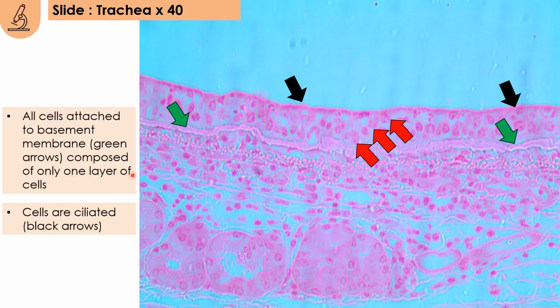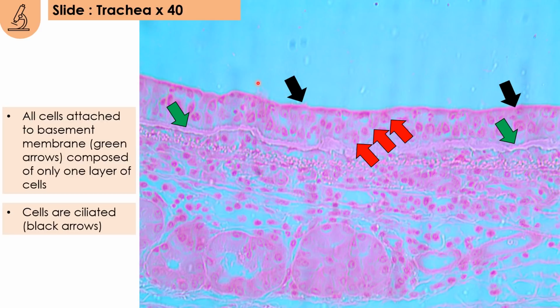Here you can see small projections. This is actually the cilia, but of course it's a little different from the one I showed in my lecture. This one looks like a striated border, which represents microvilli, but the cilia are supposed to be hairy-like structures.